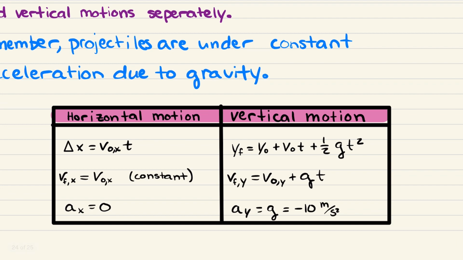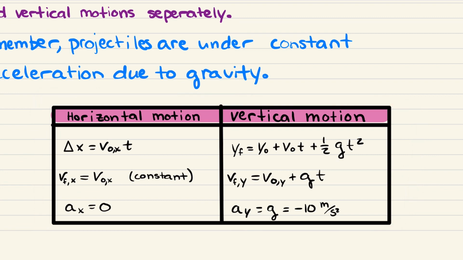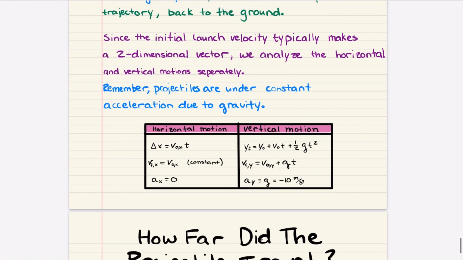And we're taking into account that the acceleration in the y direction is always your acceleration due to gravity, and of course, the acceleration in the horizontal direction is always just 0. There's no acceleration in the horizontal direction, and that's why our velocities never change. Take a moment to really let this sink in, because we need to have this down in order to solve this problem, which is a little more involved because there are 2 components to the object's motion.